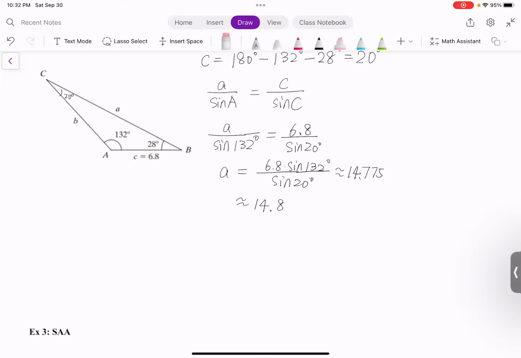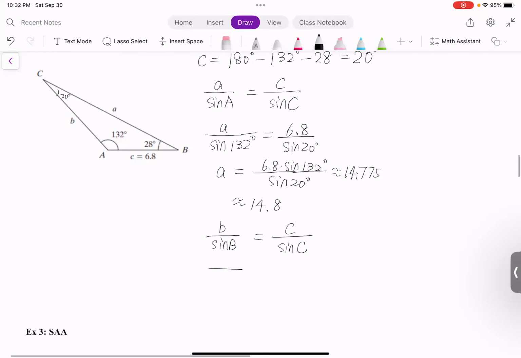So the length of B. I can list the relationship between B and C. So B over sine B equals C over sine C. So put the information in it. B is unknown, but I know the angle B, which is sine 28 degrees.